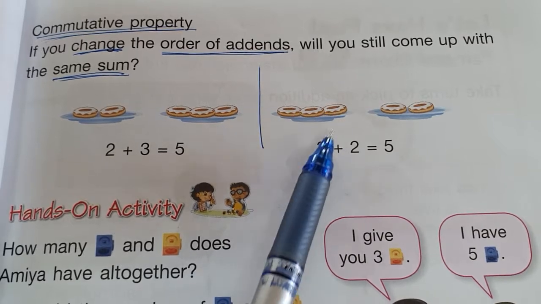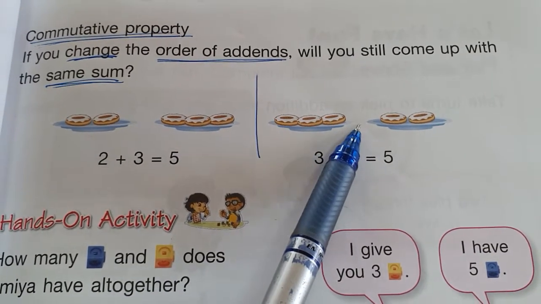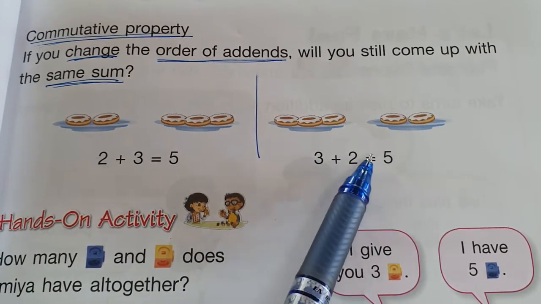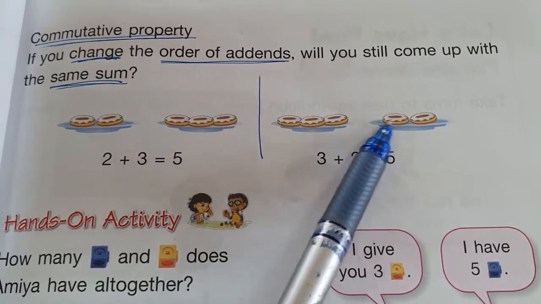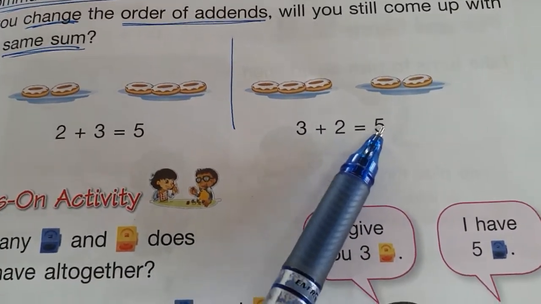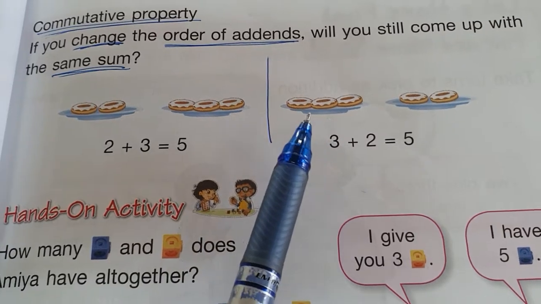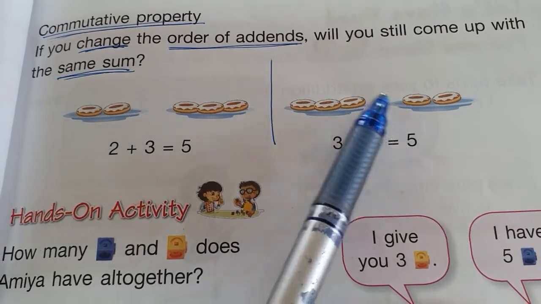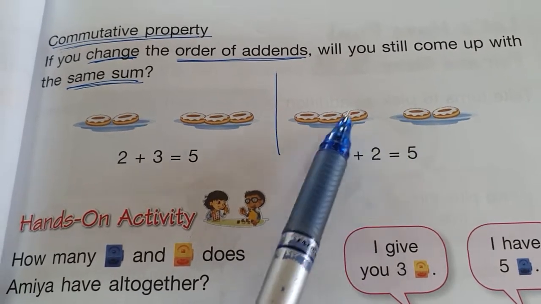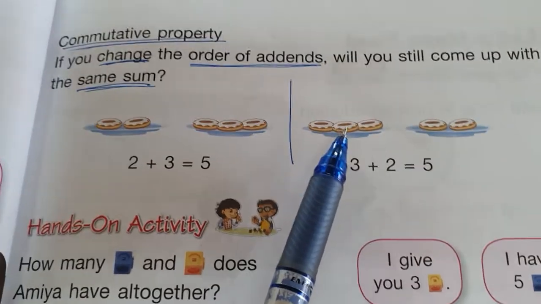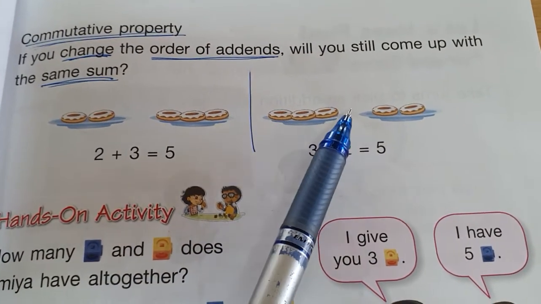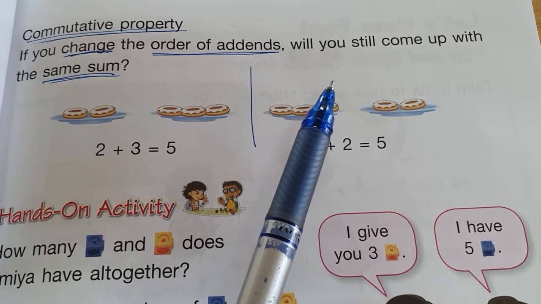So 1, 2, 3, put together with 1, 2, equals 5. Yes, it's the same number because the addends just changed position. You still have the same number of donuts. You just start with a different number and you add the different number. Okay?